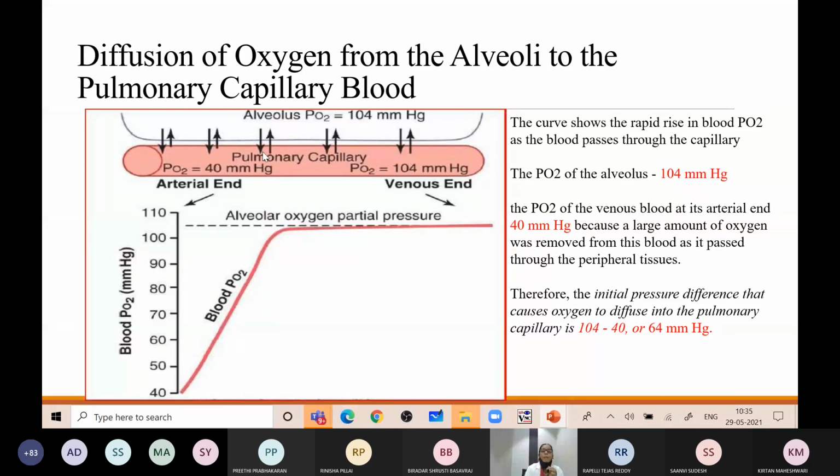So in case of pulmonary capillary, the blood enters at the arterial end with PO2 of 40, and at the venous end, PO2 will be 104 mm of Hg.